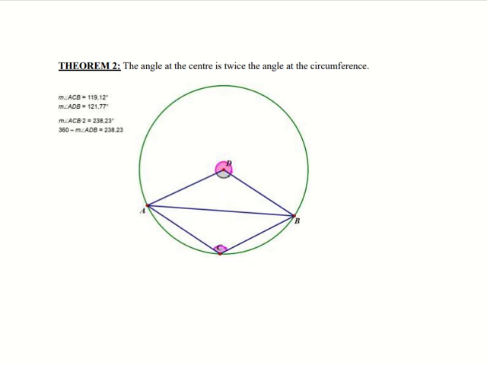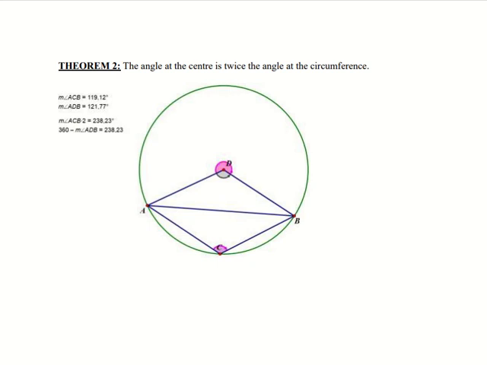So remember, we've discovered that if the angle at the circumference is above the chord now, then it's going to become an acute angle, and the angle at the center is going to be the gray angle.